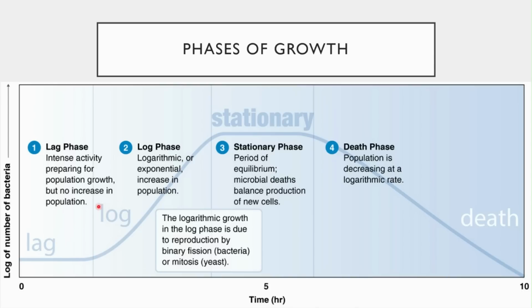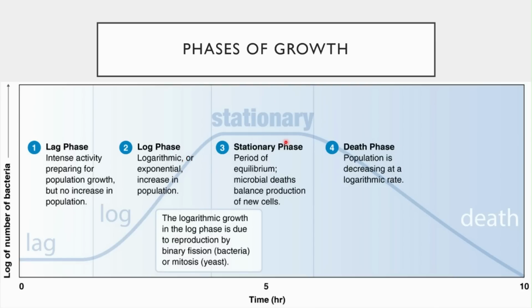Eventually, they transition into the log phase, which stands for logarithmic growth, which is the area where reproduction is occurring at a rapid rate through binary fission or budding, or mitosis, in other words, with yeast as another common example. This is called the log phase, and it's an exponential growth in the population. So this is the number of bacteria here.